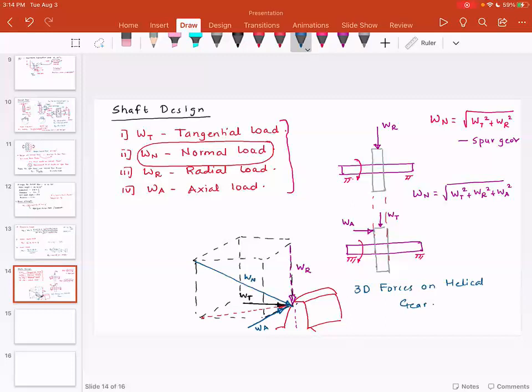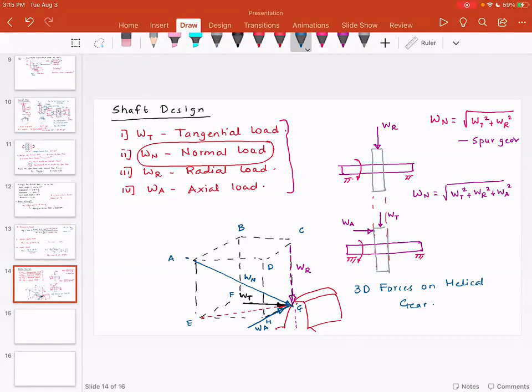If my helix angle is zero, then my normal force, so let me show you A, B, C, D, E, F, G, and H. So if my helix angle is zero, my normal force, which is actually going through AG, would go through BG.